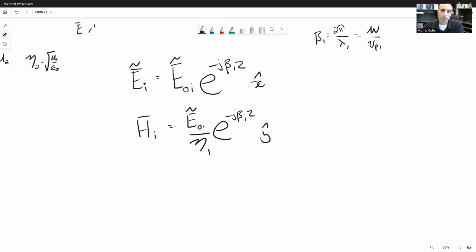E cross H is in the k hat direction. Another way to write this a little more exactly is E hat cross H hat equals k hat. A unit vector in the electric field direction crossed with a unit vector in the magnetic field direction equals the vector in the direction of propagation. So that is the incident wave.